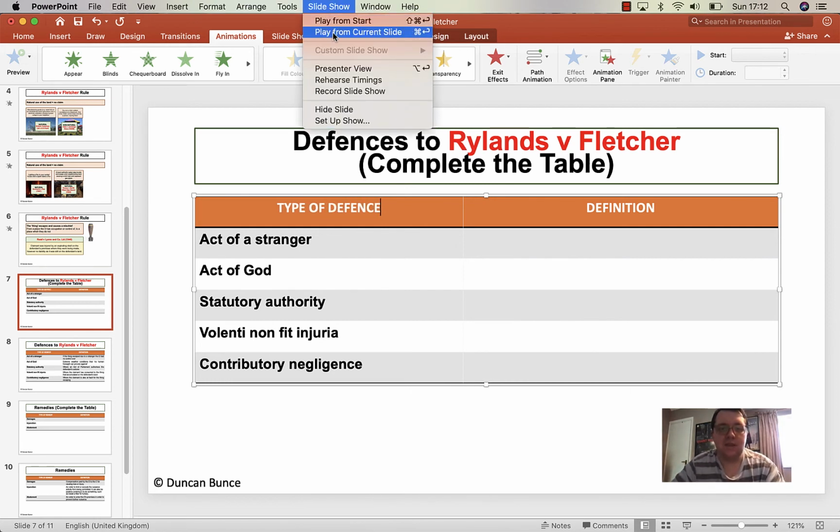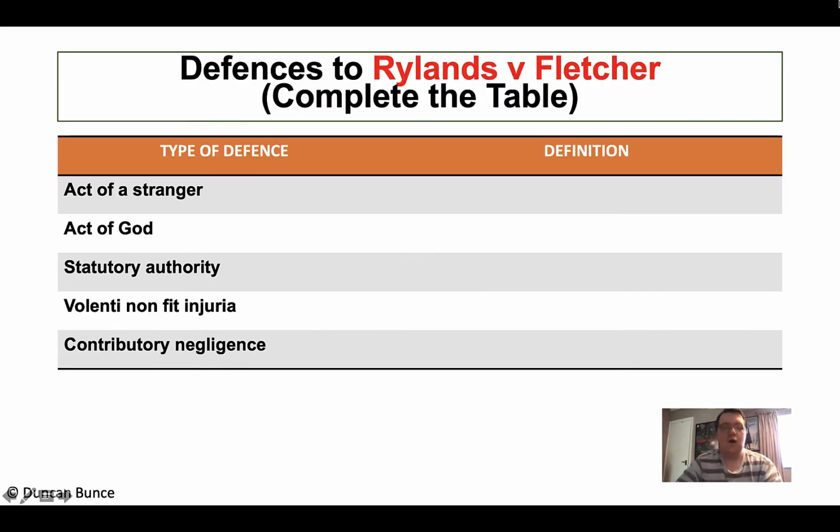There we go. Type of defence: act of a stranger, act of God, statutory authority, volenti non fit injuria, otherwise known, I think more commonly by us, as consent, and of course if there is consent when we deal with negligence, then as in previous topics there is always contributory negligence as well.